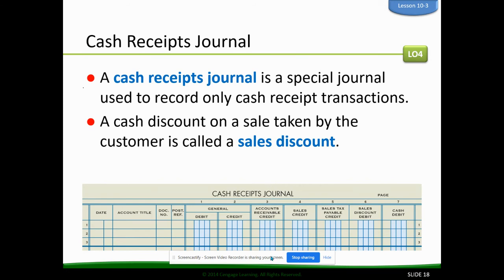So we see a lot of accounts receivable, sales credits, sales tax payable credits, sales discounts, and then of course our cash debit, which means we're getting cash. These are the accounts that we would see in a lot of these transactions. So they gave us columns in order to keep us to one line per transaction to make it simpler.